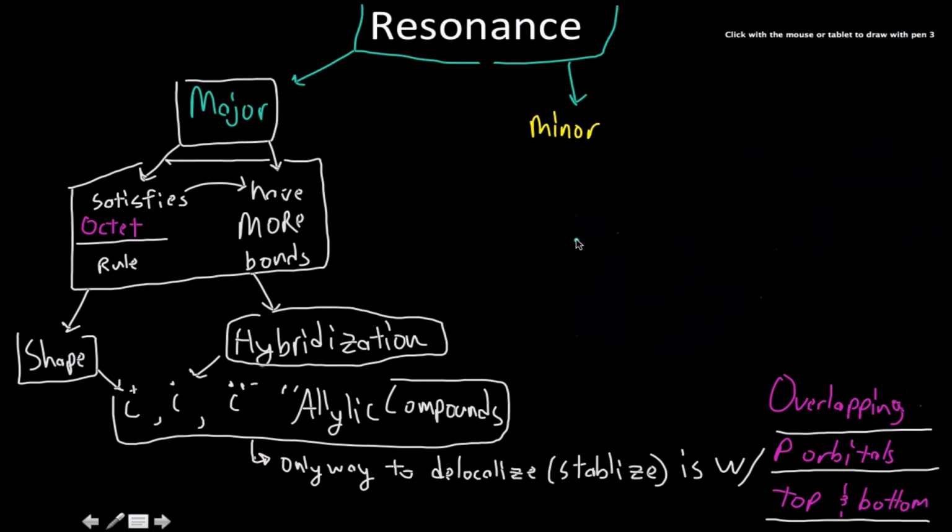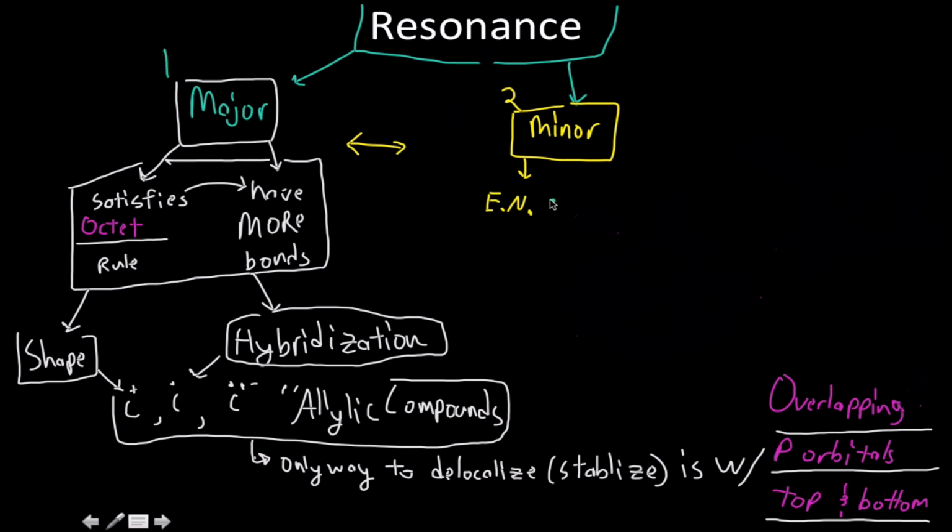Now let's talk about the minor resonance structure. I'll go ahead and draw it, since we're talking figuratively here. This is the minor resonance structure, or I guess not necessarily minor, but the least important rule, your number 2 priority, whereas the major definition was your number 1 priority.